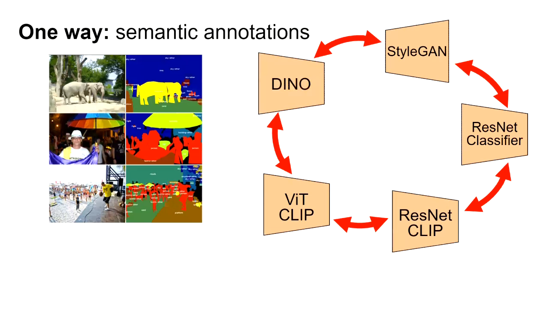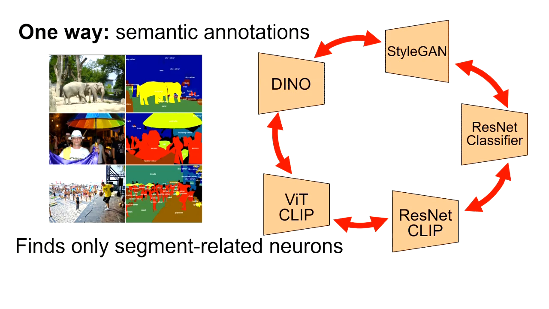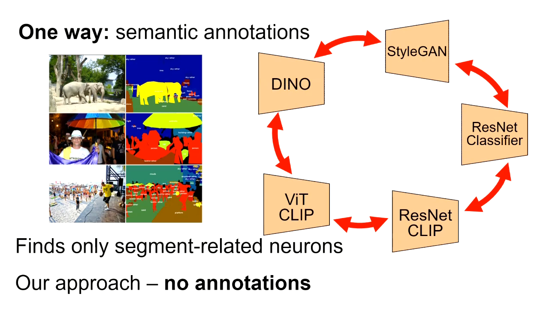So let's zoom in to just a pair of models. In our method, we leverage a generative model to generate a bunch of images, which are then fed into a discriminative model. We then bank up all the activations and calculate the pairwise similarity across the networks to find the best matches. But some of the matches can be noisy, so we take the mutual nearest neighbors and only keep those.